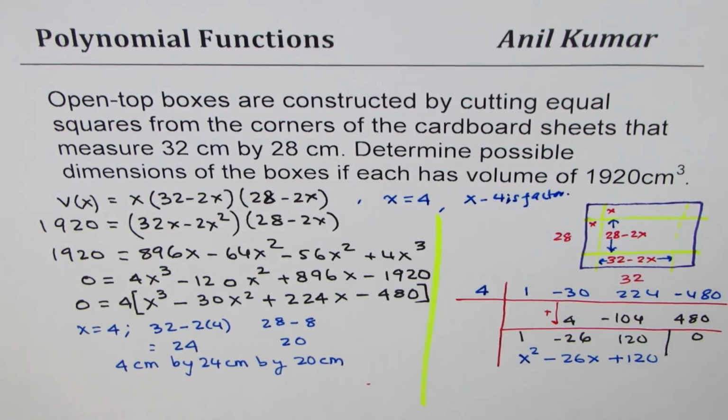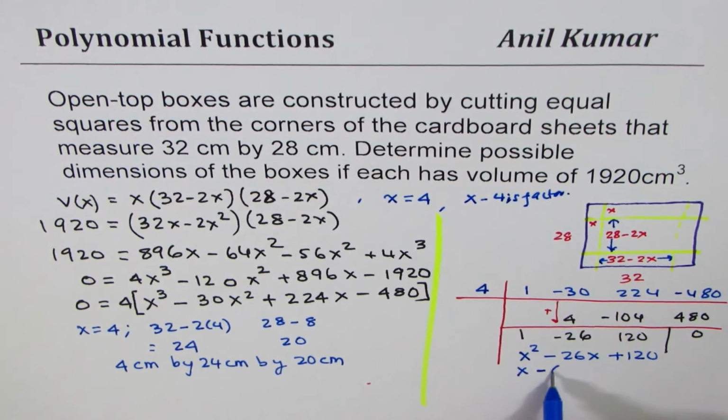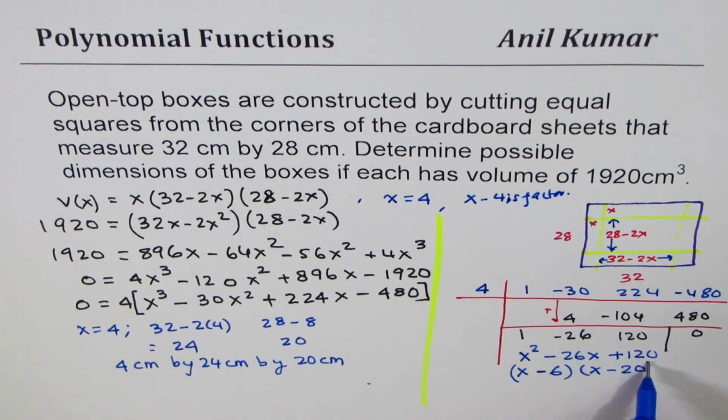That's the quotient. Now you can factor this to find the other value of x. The factors could be 20 and 6, since the sum is 26. So we could write this as x minus 6 times x minus 20.